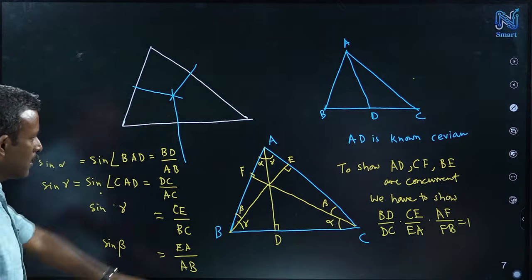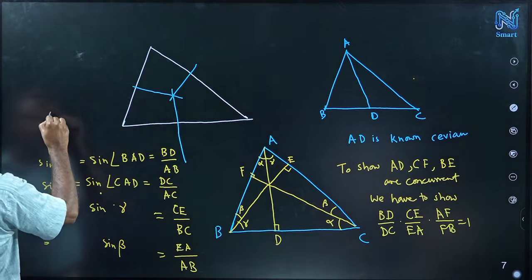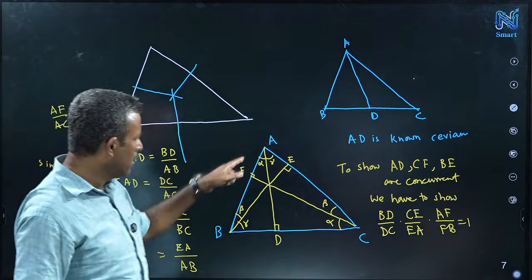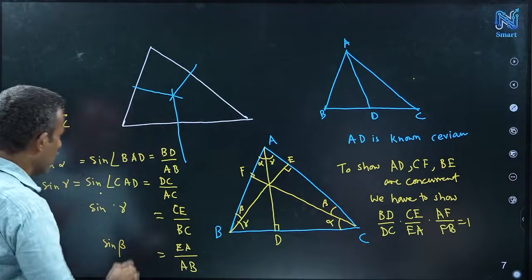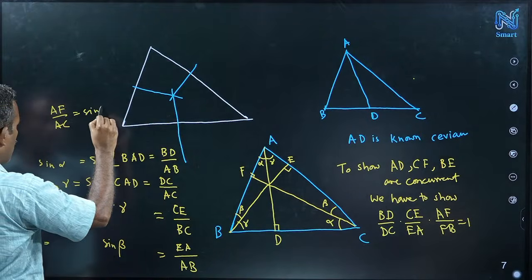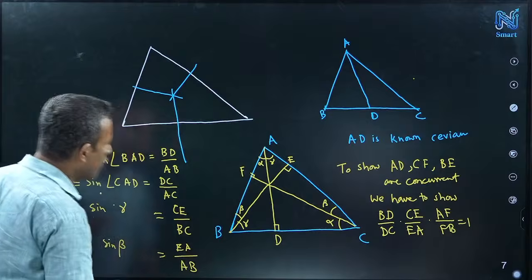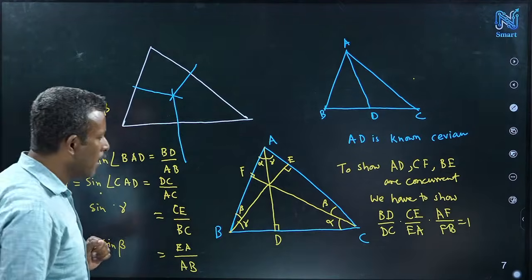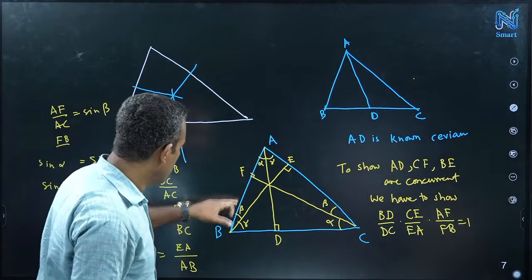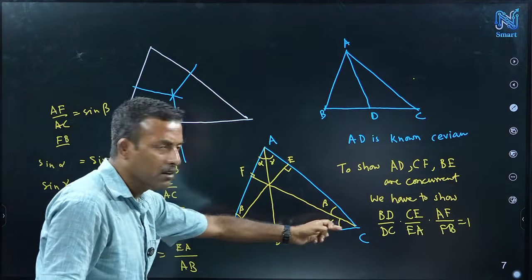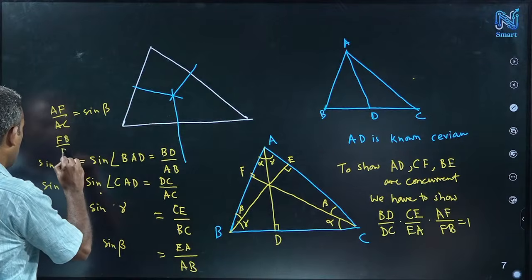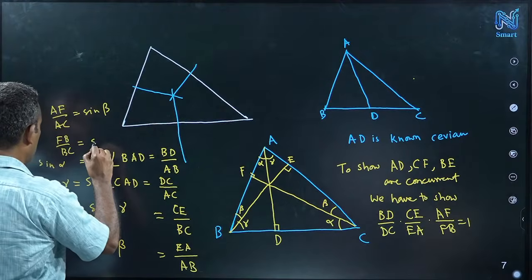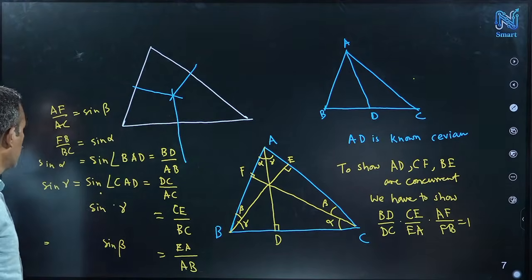Two more. What is AF by AC? AF by AC is sine beta. And the last one, FB by BC, is sine alpha, right?